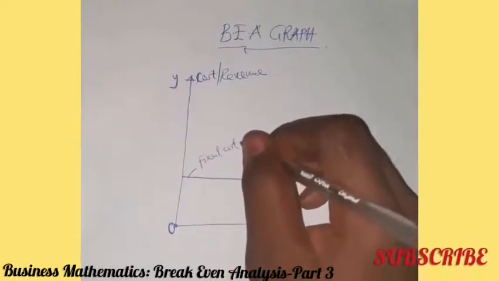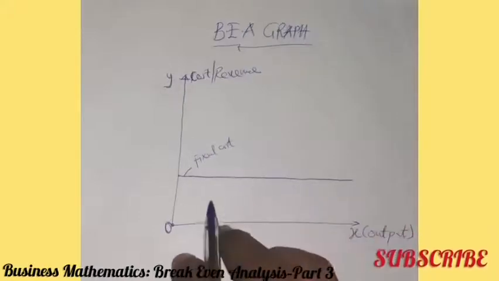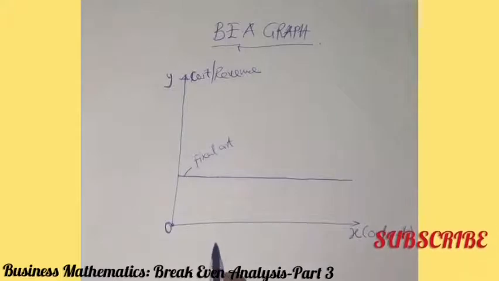The fixed cost line starts where it becomes perpendicular to your cost or revenue line, or parallel to your output line. That's where we get your fixed cost.